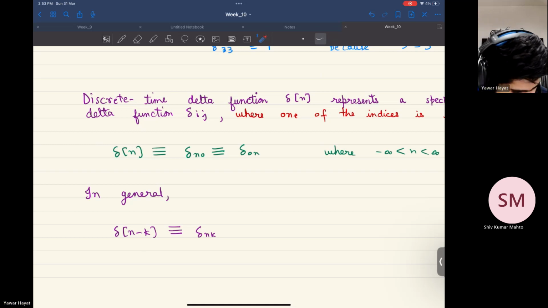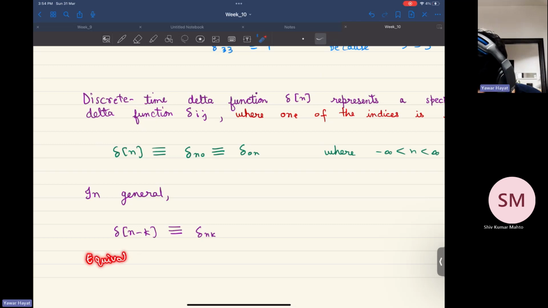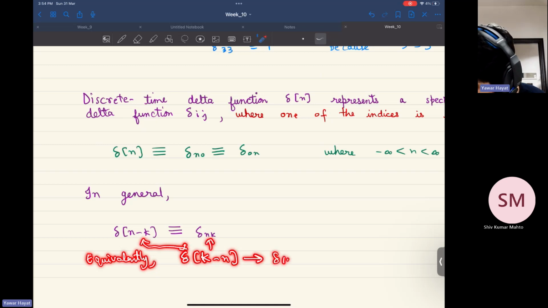Likewise, and since this and this are the same, equivalently what you can write is del of k minus n, right? Because del of k minus n and del of n minus k are the same. So this is equal to this.